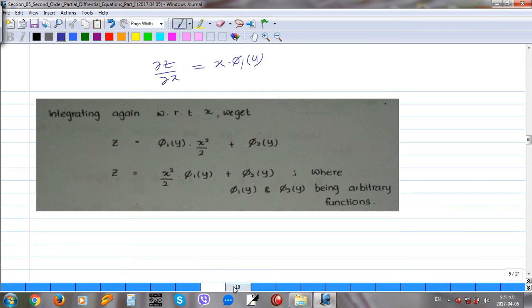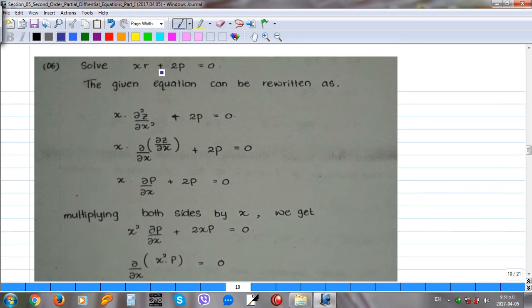That is the answer. Then example 6: solve x r plus 2p equals 0, right? We can rewrite this equation by substituting r equals ∂²z over ∂x², which is ∂ over ∂x of ∂z over ∂x. Now ∂z over ∂x is p, so instead of this we can write p.